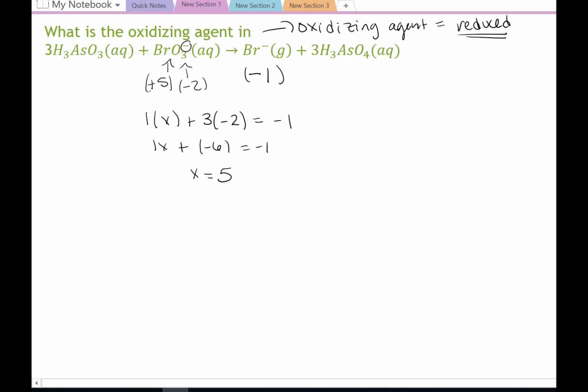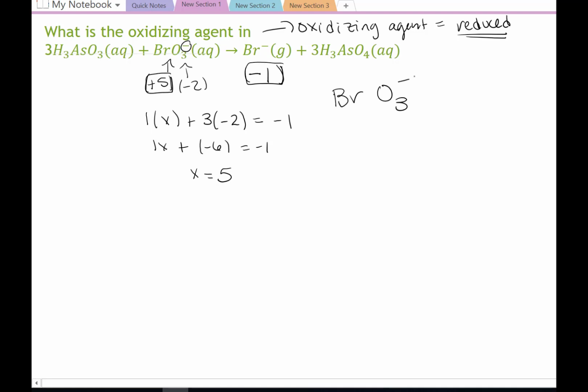Now, we could stop here because we notice that 5 going down to -1 means that it is itself being reduced. So our oxidizing agent would be considered bromine trioxide.